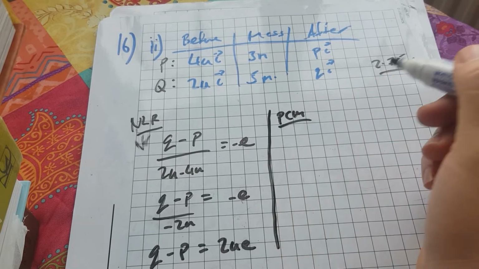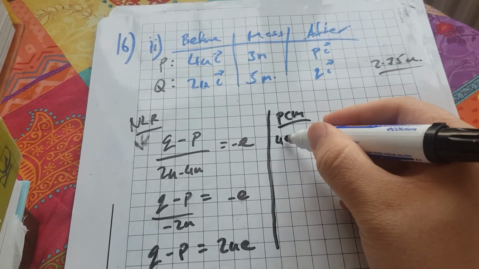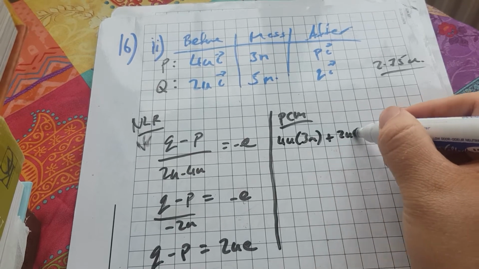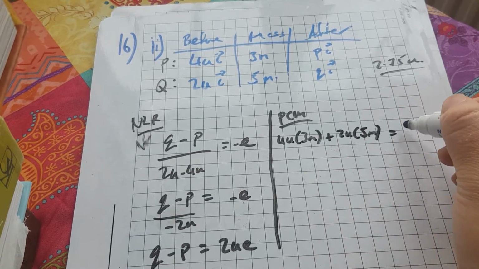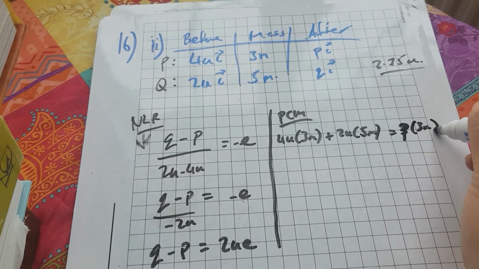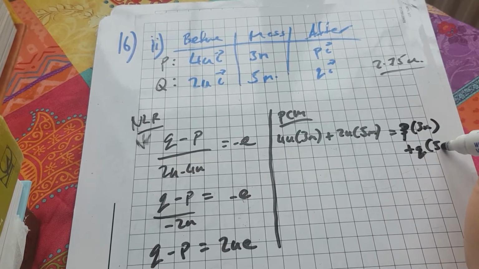Principle of conservation of momentum: 4U by 3M plus 2U by 5M equals 3 P by 3M plus Q by 5M.